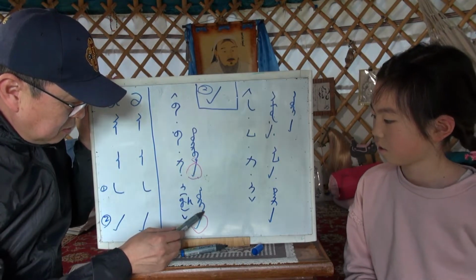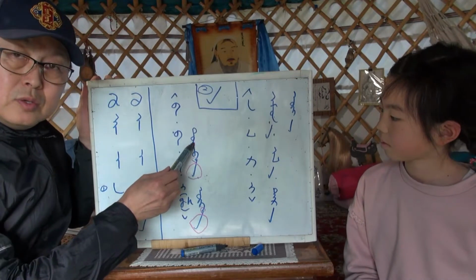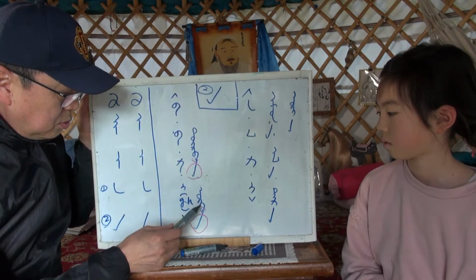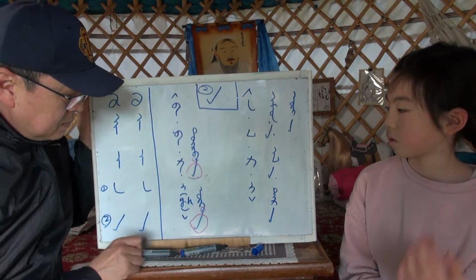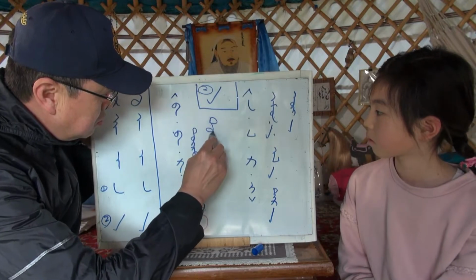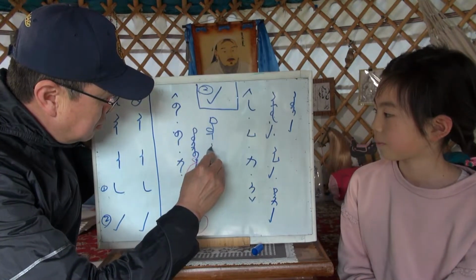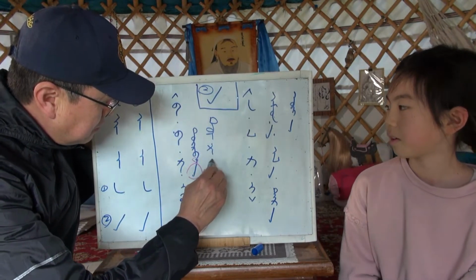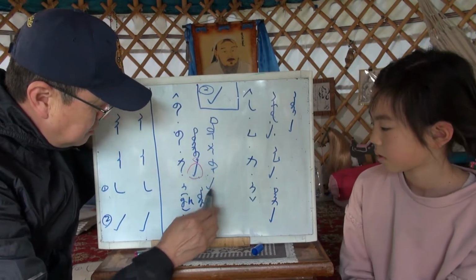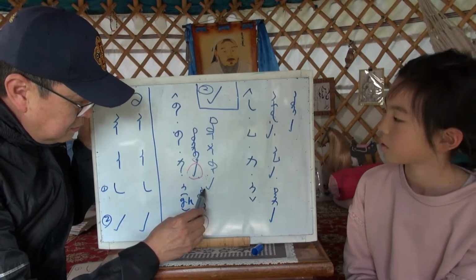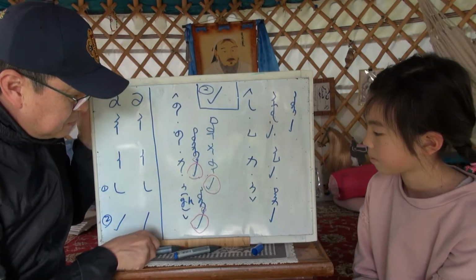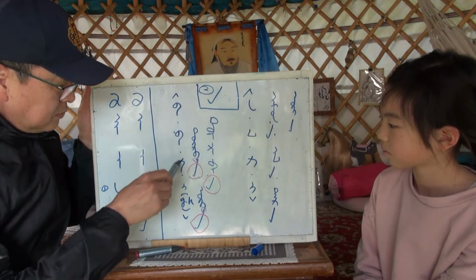For example, du, ur, b, duruf, ug, uga. Here, this is du, ur, b. Here you use this shape. All the rest of them are the same.